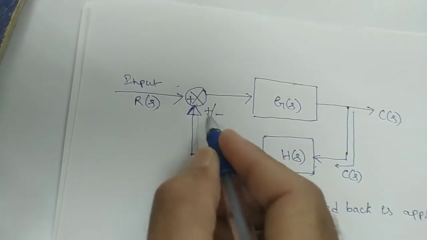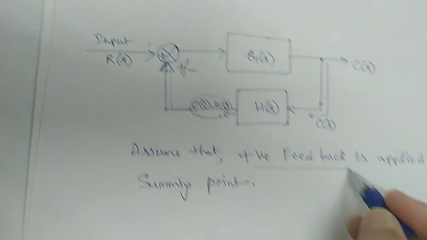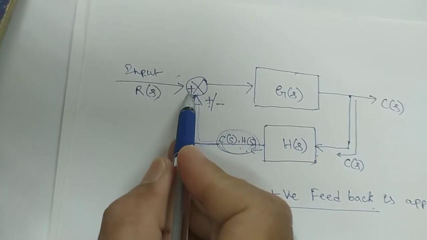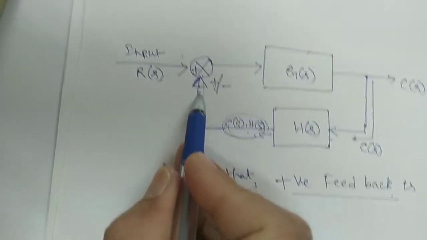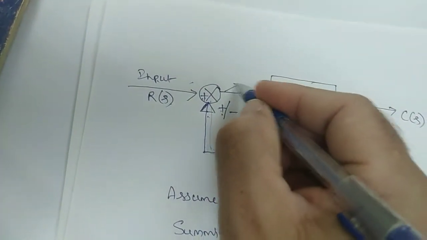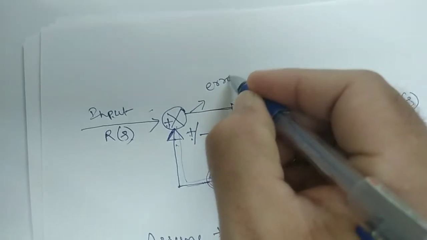I am assuming positive feedback. Now the input is going as positive and we are applying positive feedback. Then this is called the error signal. The output of the summing point is called the error signal.